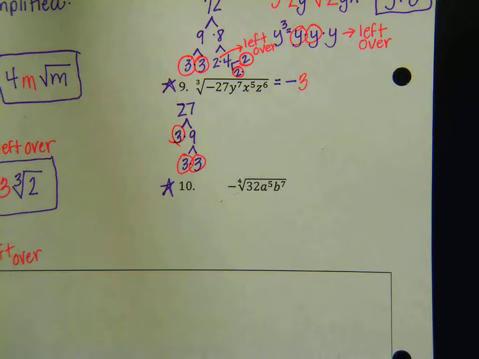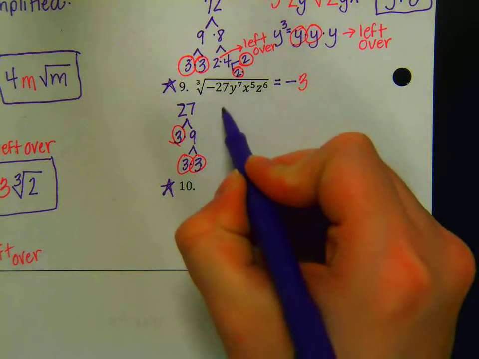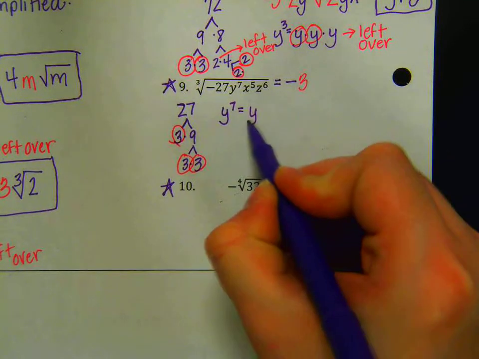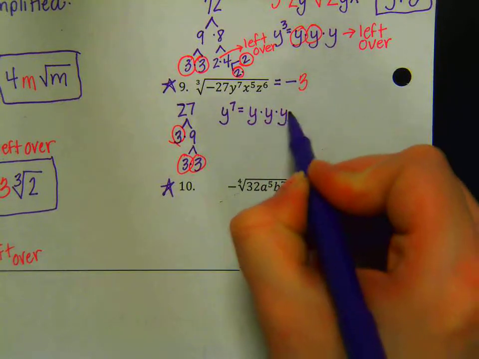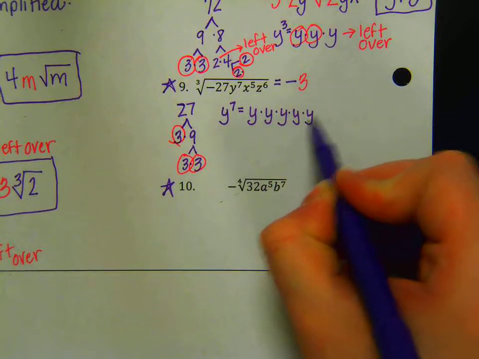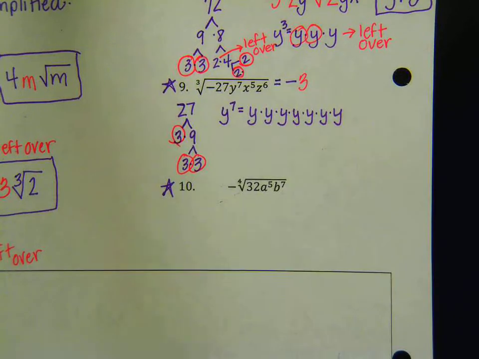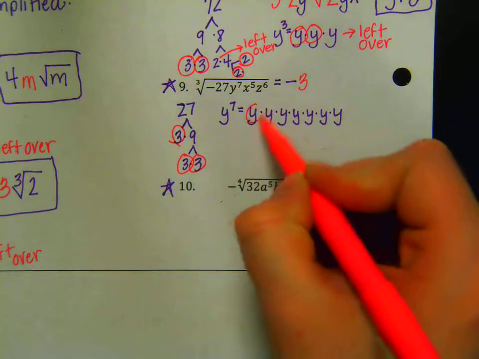Then I have y to the 7th. Again, take the shortcut if you can and are able. I'm looking for groups of 3. One group, 2 groups.